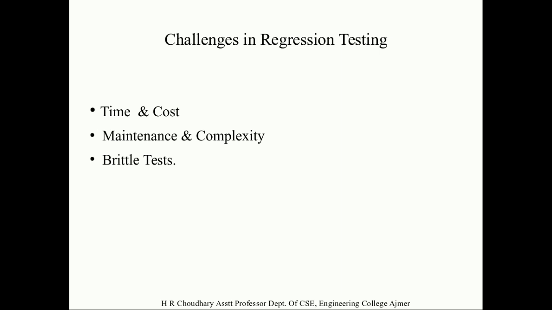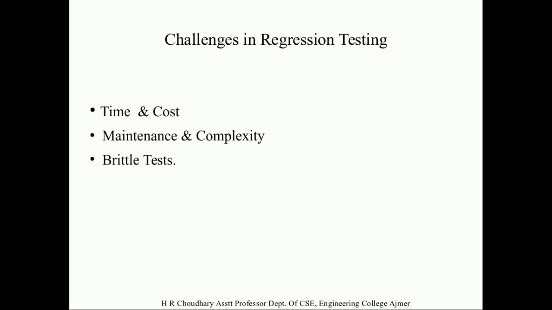TestComplete helps reduce the time and cost of writing tests. Using its record and replay capabilities, test engineers can create complex and scalable automated user interface tests in seconds. These scripts can then be configured to run automatically as part of continuous integration, or after each new build or release candidate. So this is a great problem, time and cost, because we have to write a lot of tests, and it takes time and cost.